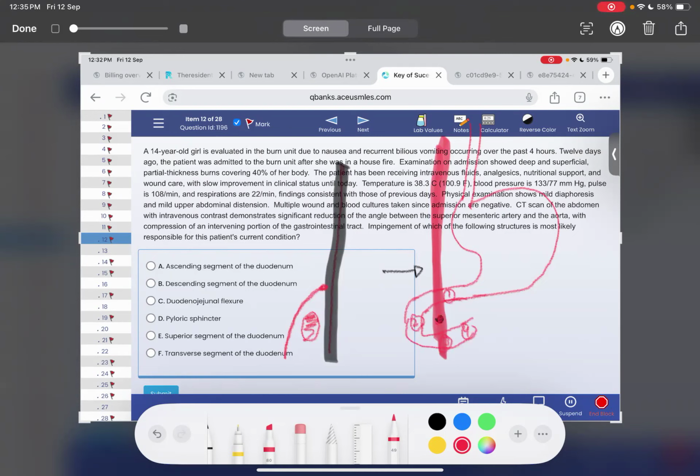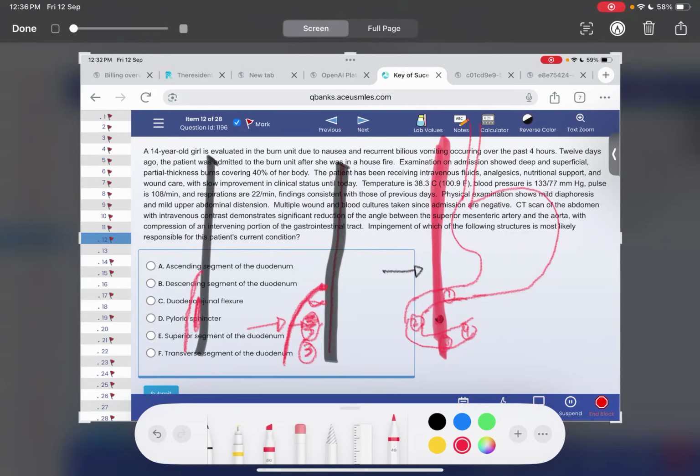The artery is going like this. This is your third part. So this artery, the superior mesenteric artery, compresses the third part of the duodenum. So this angle is reduced like this, so there is a compression of this third part of the duodenum. Have you got the point?